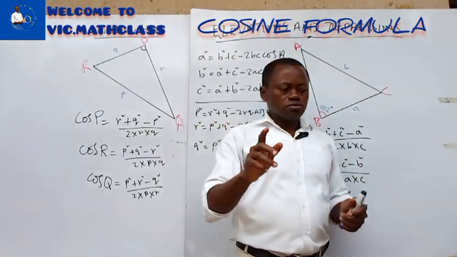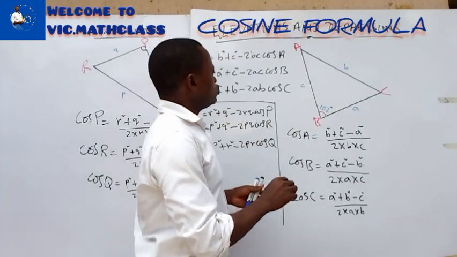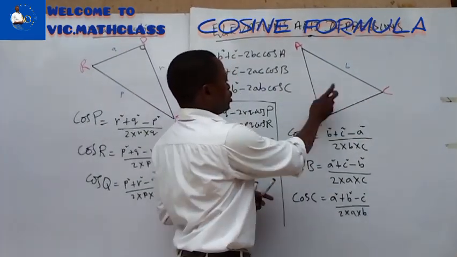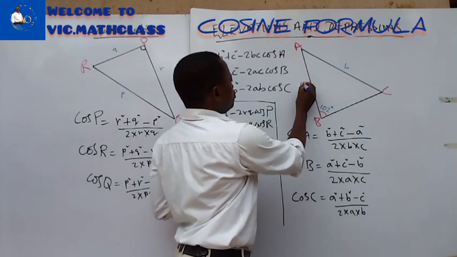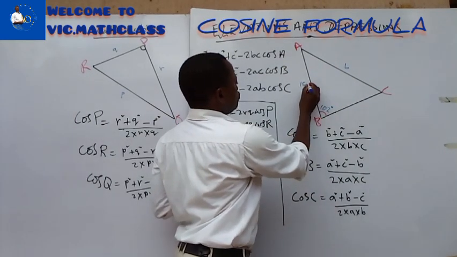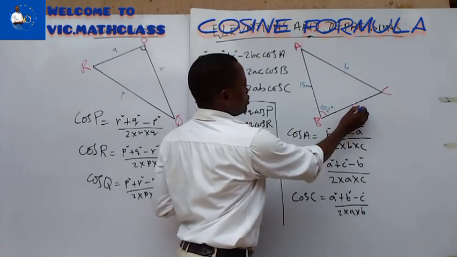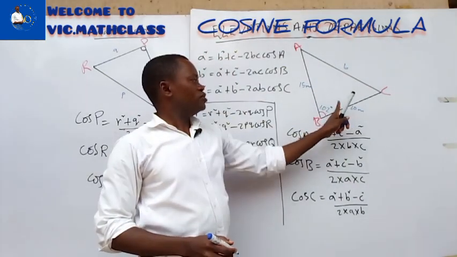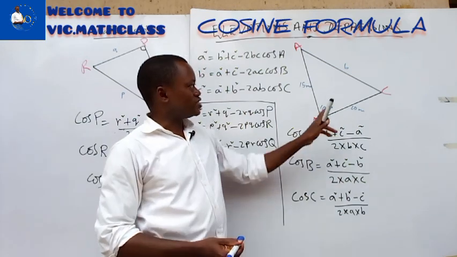Now, let me also touch something on the application. Assuming you have this angle here and the 2 sides available. Let's assume here 15 meters, and here let's assume 10 meters, and you need this. You cannot use the sine rule to do this calculation.